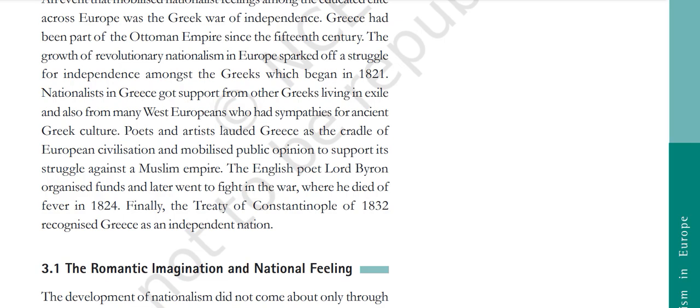The English poet Lord Byron organized funds and later went to fight in the war, where he died of fever in 1824. Finally, the Treaty of Constantinople of 1832 recognized Greece as an independent nation.